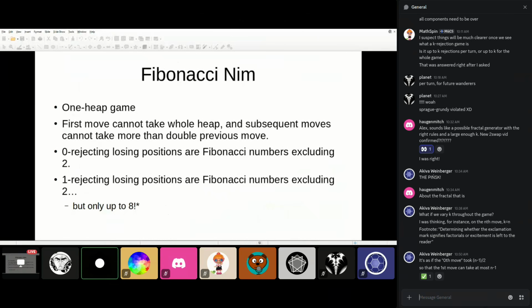Right. So I want to try working through a small case of like k equals 5 or 8 or 3 or something like that for the one rejecting case. Let's say we start at 5. Then we remove 2 to get to 3, which is in theory a losing position for the opponent.